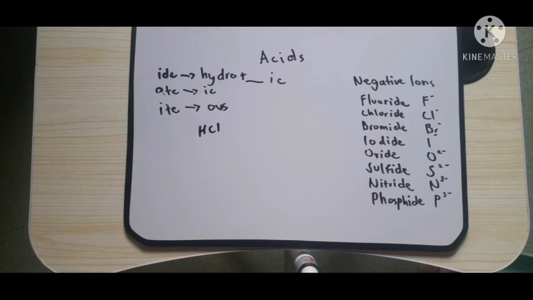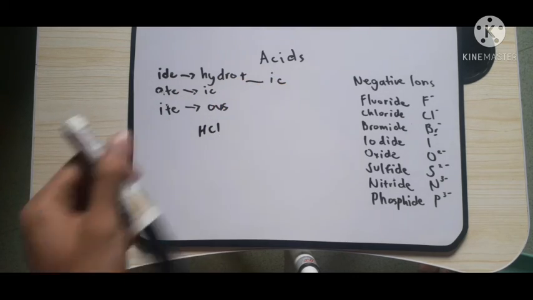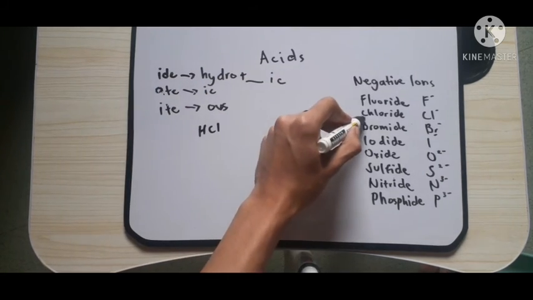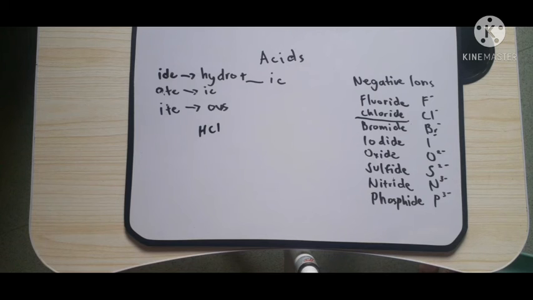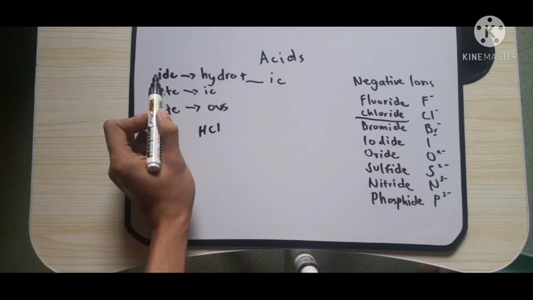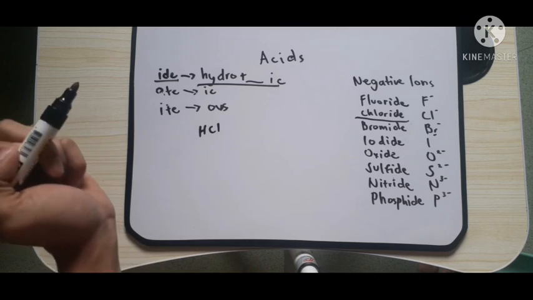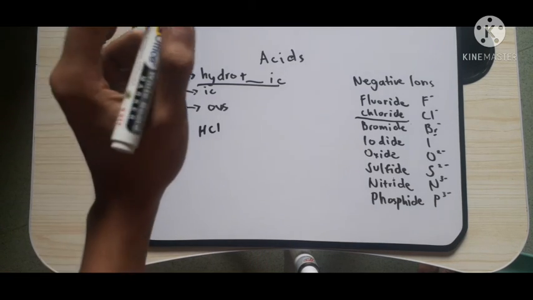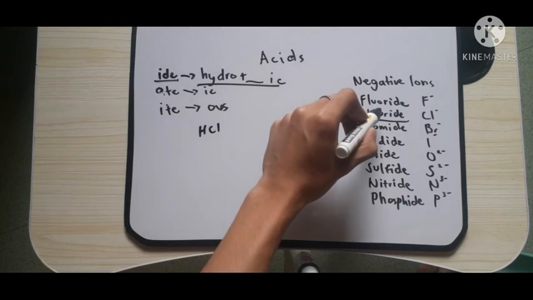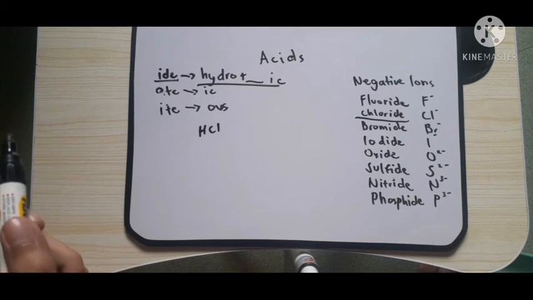So, let's proceed to the list of the negative ions. HCl is chloride. So, here's the chloride. Chloride ends with -ide, so we will be using hydro-, the root, plus -ic. So first, we get the root of chloride, which is chlor.